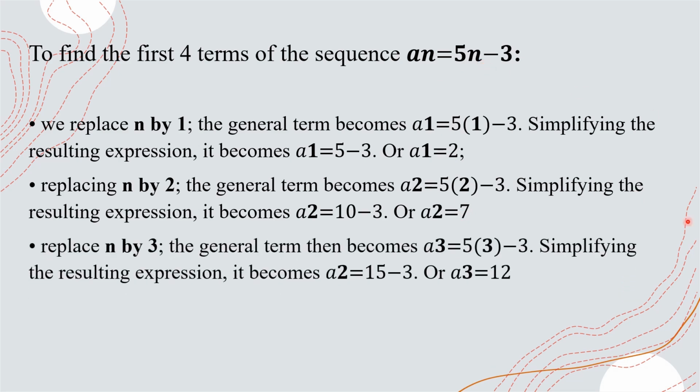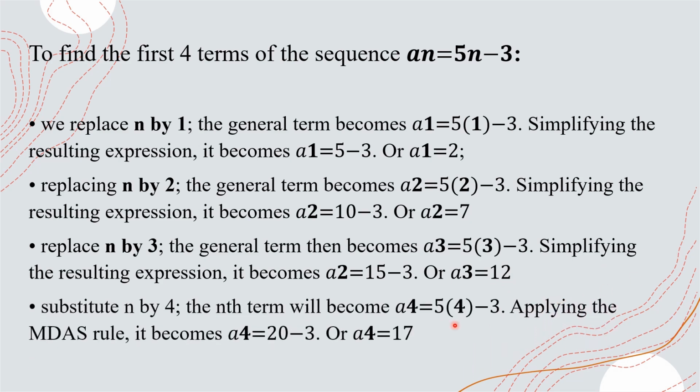So, ganun din for n equals 3. So, ang third term natin is 12. And for the fourth term, that will give us 17. So, yun po yung sinasabi natin na general term or yung rule na nagbibigay sa atin ng mga succeeding terms ng isang sequence.